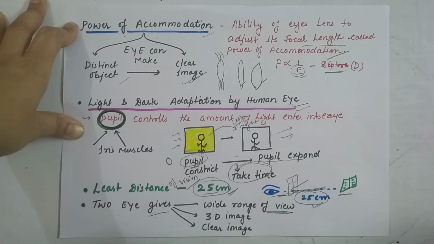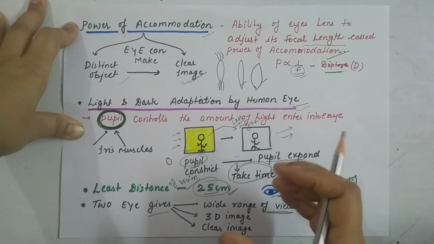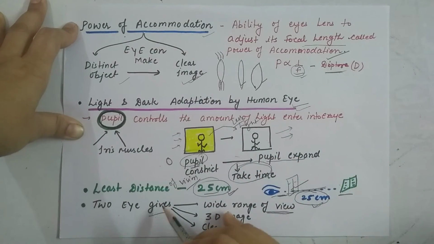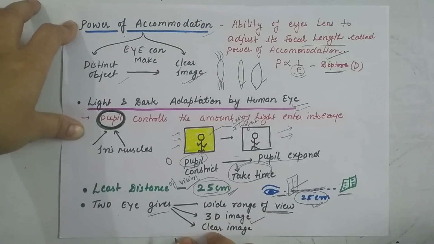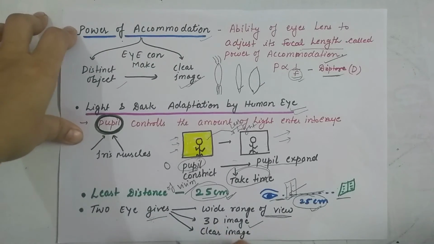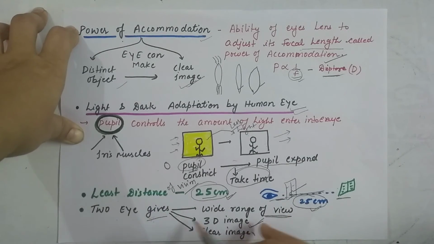If we close one eye, we only view a particular range, but when we open both eyes, we can see a wider range. Second, the three-dimensional image: two eyes are important to see a 3D image. And third, we are able to see a clear image.